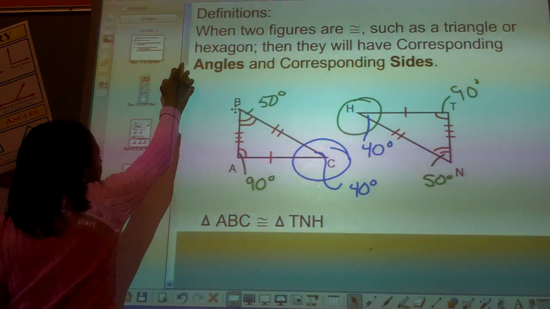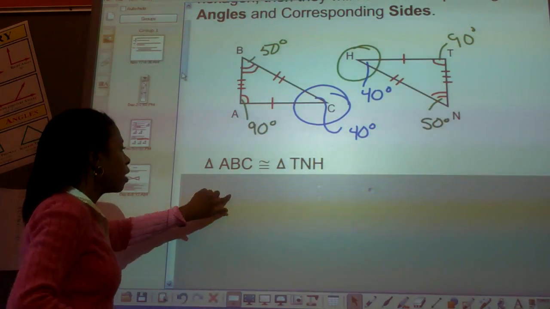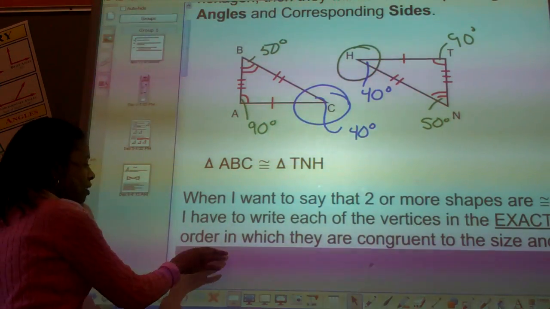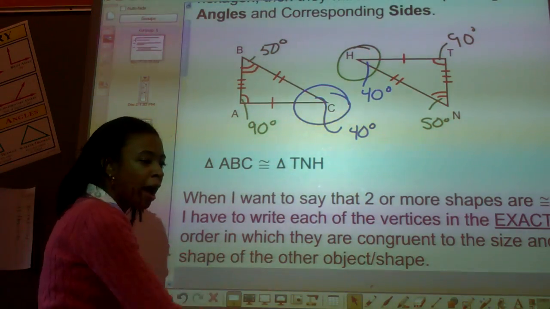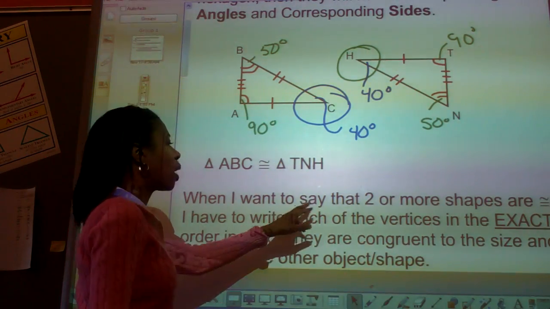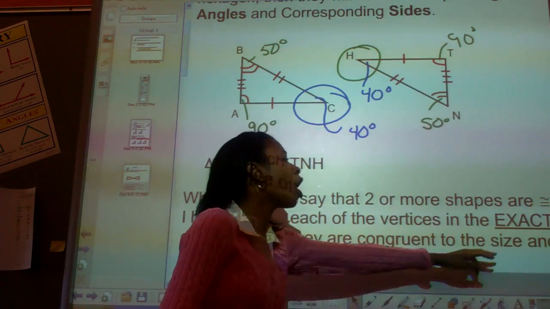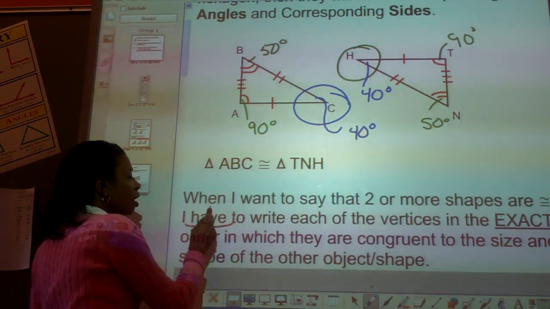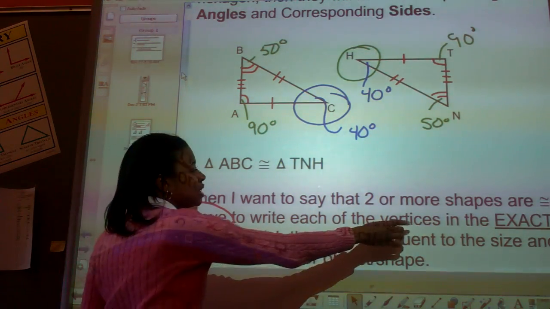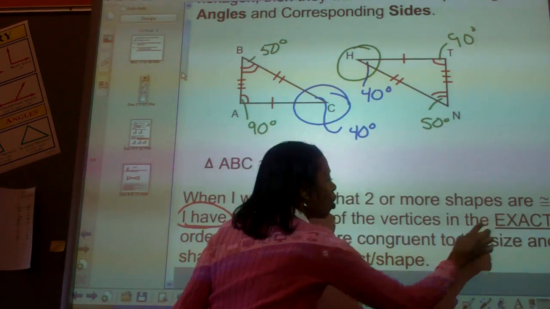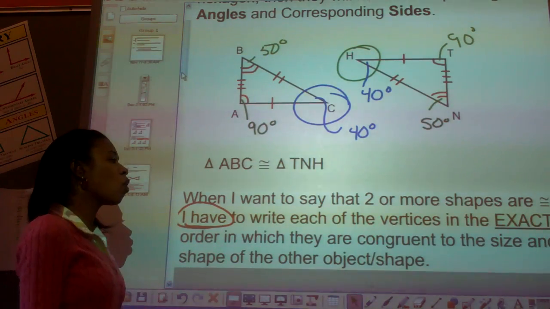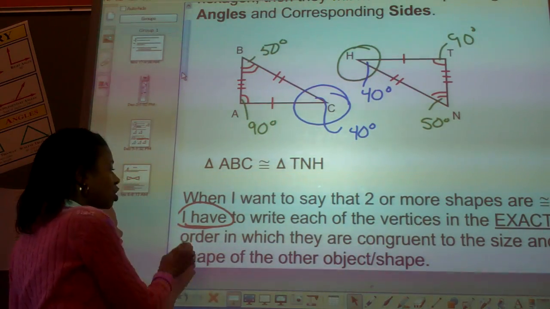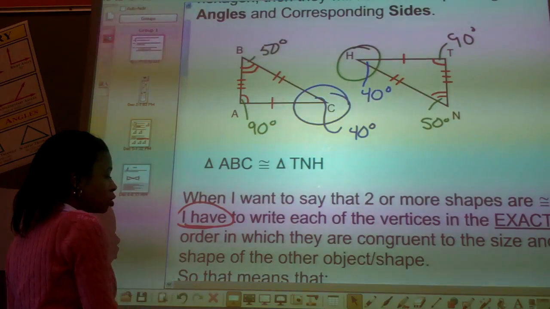corresponding angles and sides. Looking at these two triangles, right? When I want to say that two shapes, whether they're two triangles, two pentagons, two hexagons, are congruent to one another, you have to write each of the vertices in the exact order in which they are congruent to the size and shape of the other shape or object.